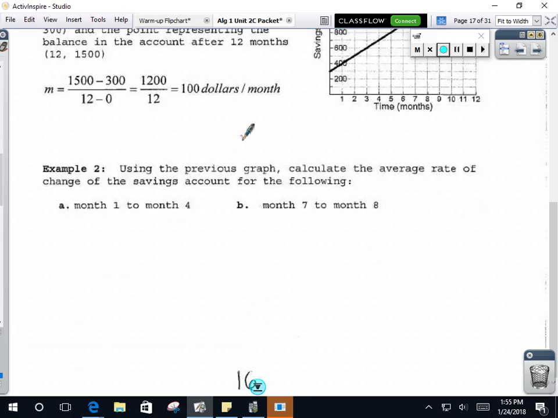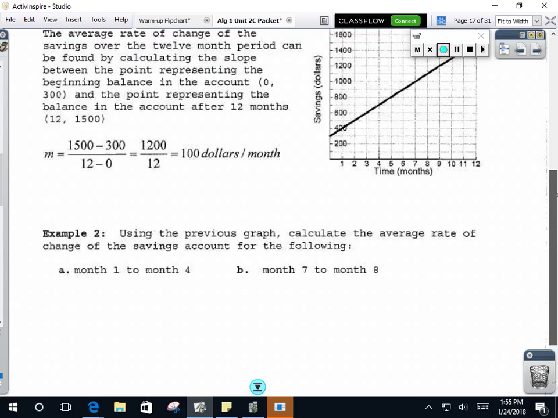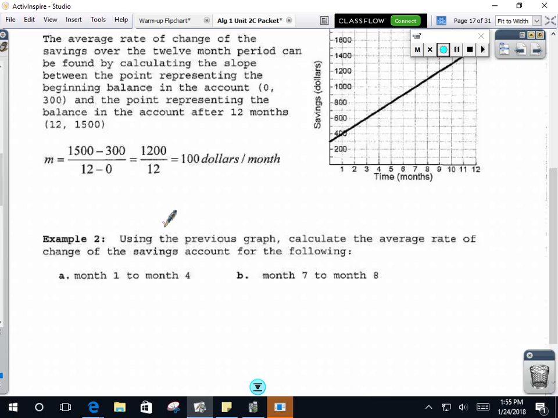Example 2. Using the previous graph, calculate the average rate of change of the savings account for the following. Okay, when we look at that graph, they want to know the rate of change from month 1 to month 4. Well, month 1 would be 1 comma what? 1 comma 400. After 1 month, there was $400. Month 4 would be 4 comma 700.